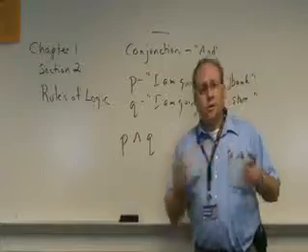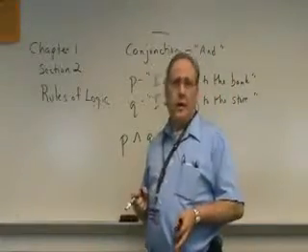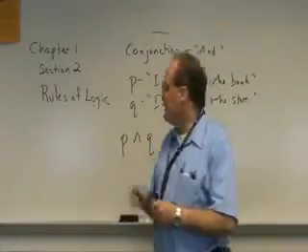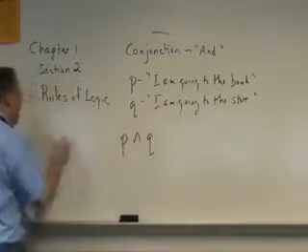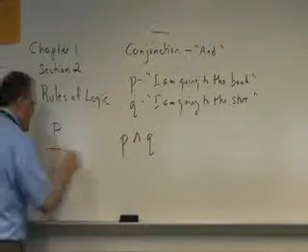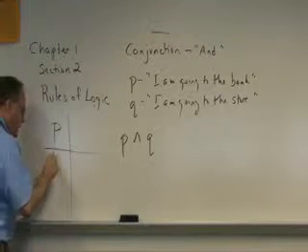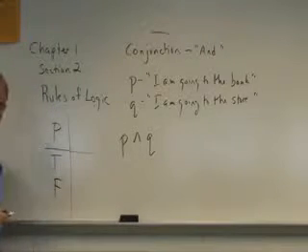Okay. Well, truth value for a negation is fairly easy. For example, here P, we know that P can only be true or false.